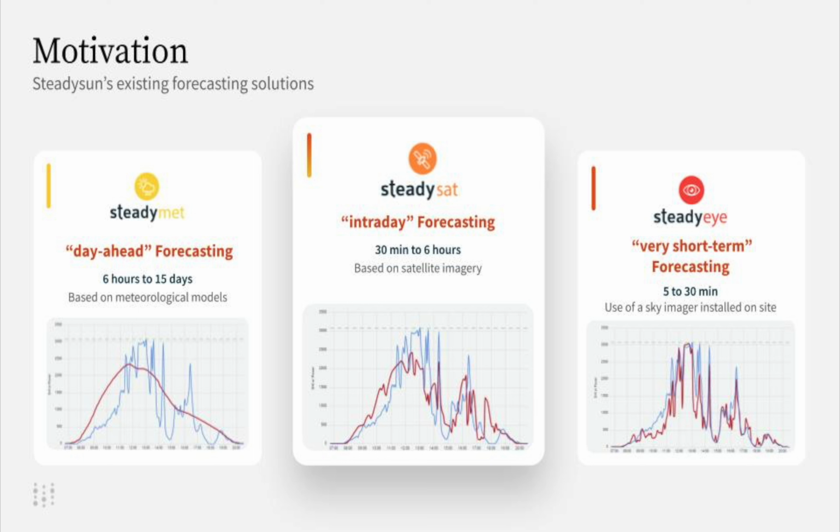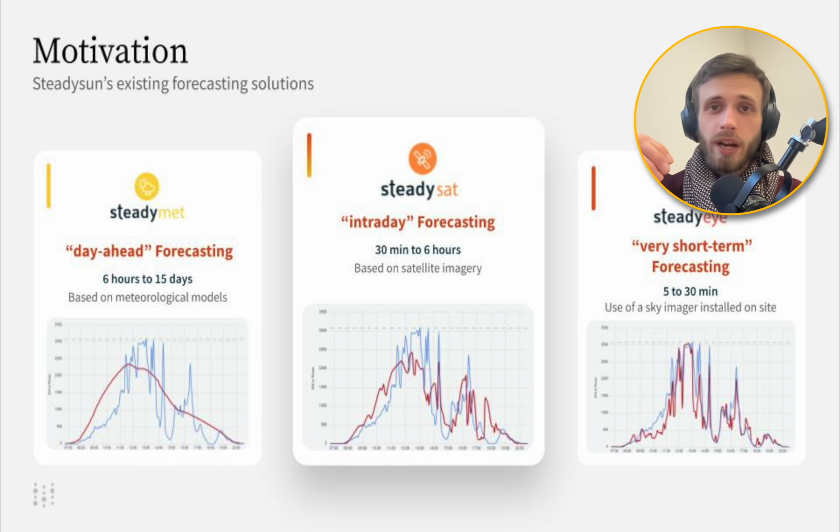Here at Steadysun, we provide these actors with accurate solar forecasts at various timescales to help mitigate the risks and reduce the costs associated with production uncertainty. To do that, we rely on different products, but for this study we focused especially on the satellite imagery one.